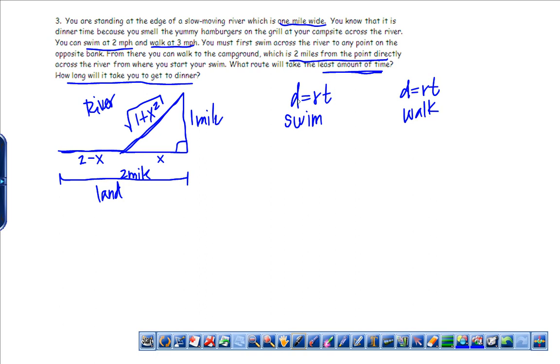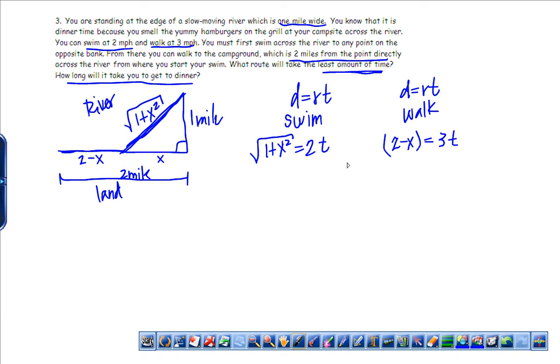So the information I know is if I swim, this is the swimming one, I know my distance is the square root of 1 plus x squared. I know my rate is 2, but I don't know my time. Same thing with my walking. I know my distance is 2 minus x. I know my rate is 3, but I don't know my time.